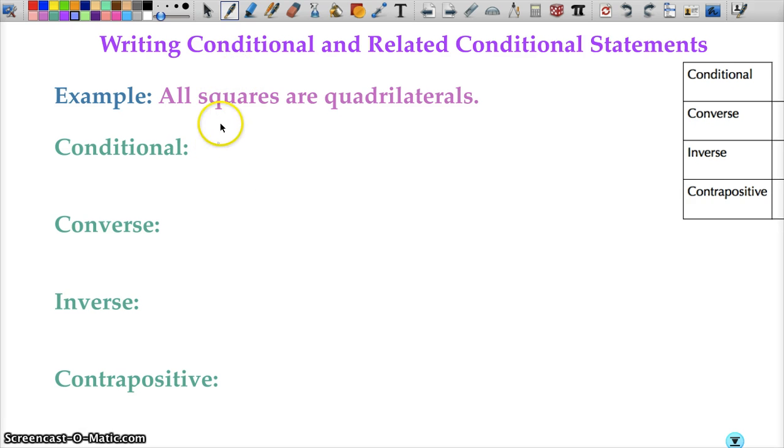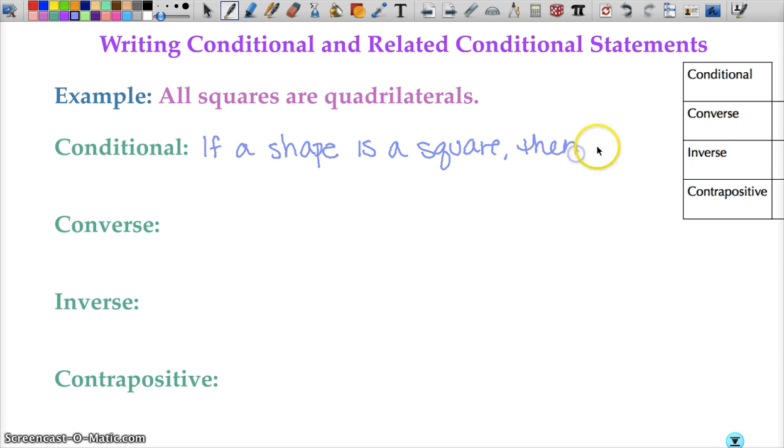So we would say, if a shape is a square, then it is a quadrilateral.